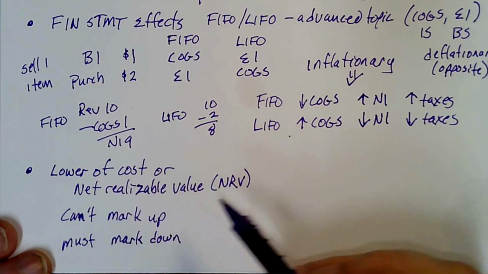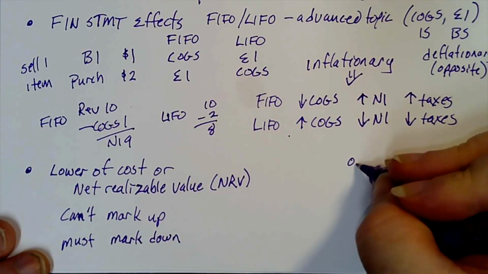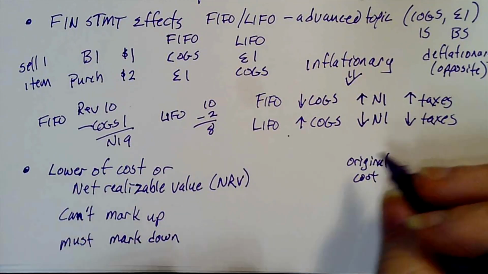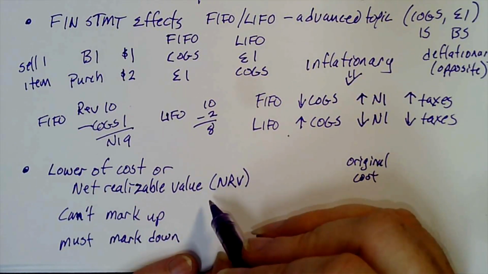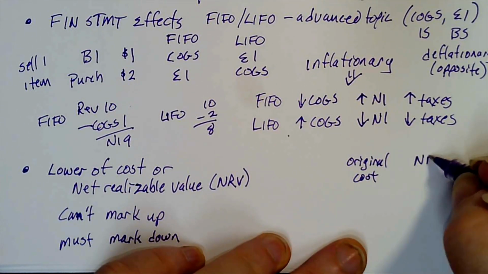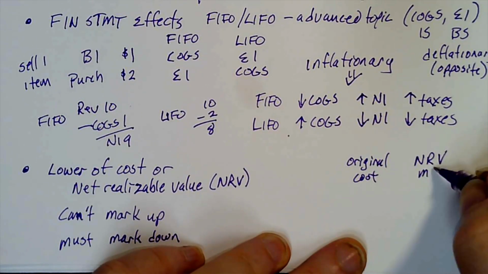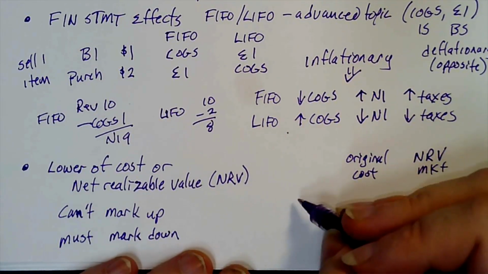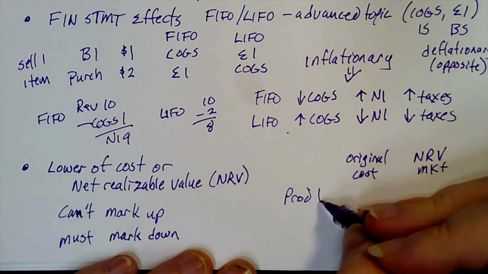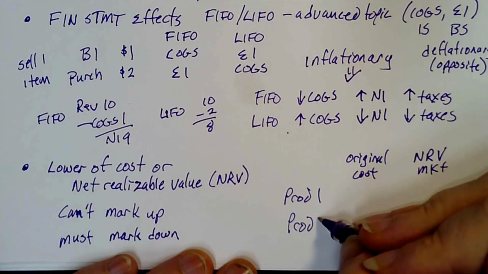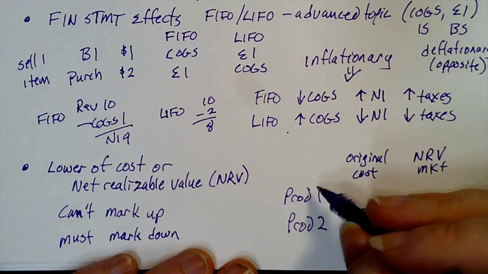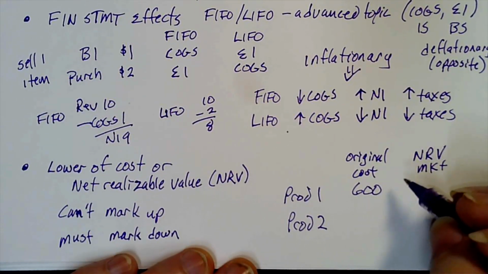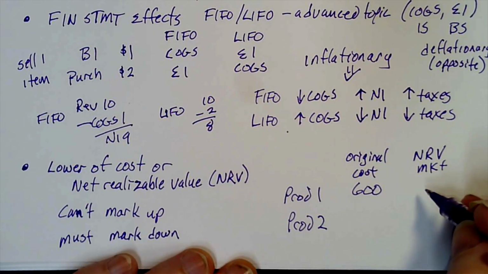In other words, if we've got some items here where we have an original cost, and I'm not going to write out the word, I could just write NRV. A lot of times we also say this as the market value. If I've got two products, product 1 and product 2, and let's say the total amount of value in product 1 originally was 600, but now it's worth more for whatever reason.